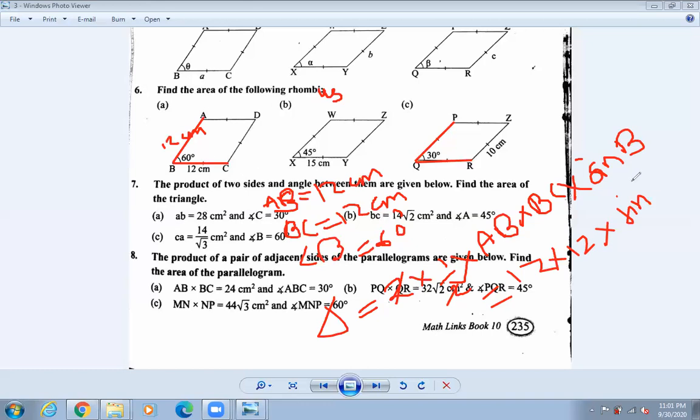It is 60 degree. Okay. Now you need to put the value of sine 60. Sine 60 means root 3 by 2. So 12 into 12, it becomes 144. So just multiply it, you'll get the answer of it. Use the calculator and get the answer of it.